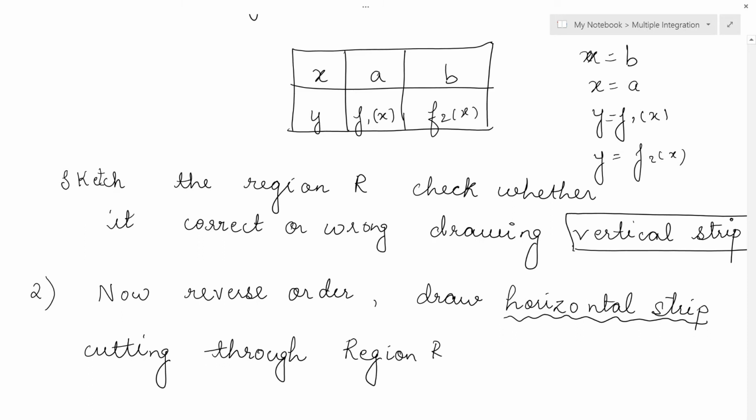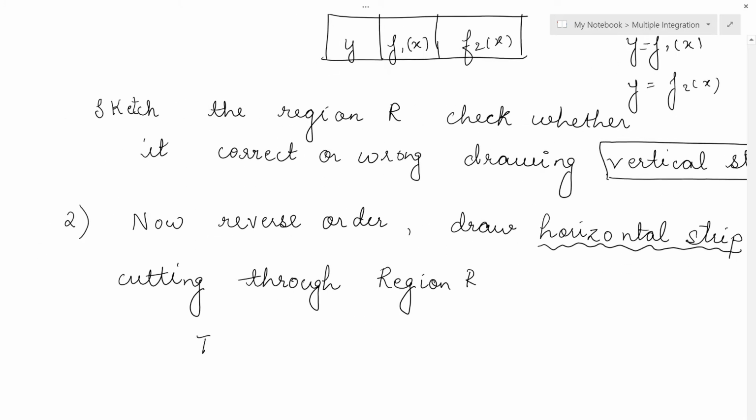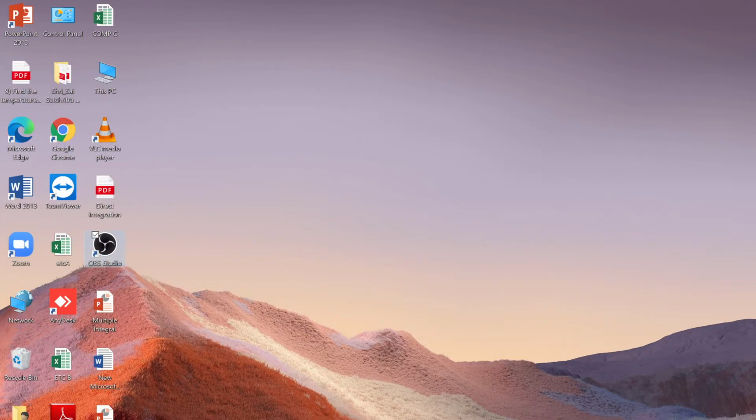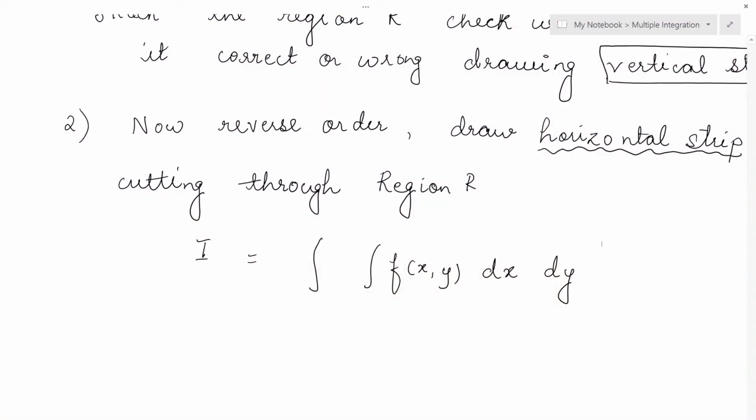Then we will write down the new limits. Since the strip has become horizontal now, in the new limits, first you will integrate with x and then with y. But finding the new limits is a step that has to be done. So the third step is to find the new limits.